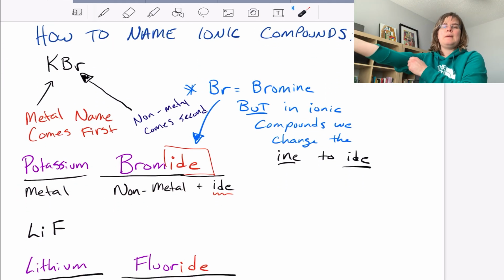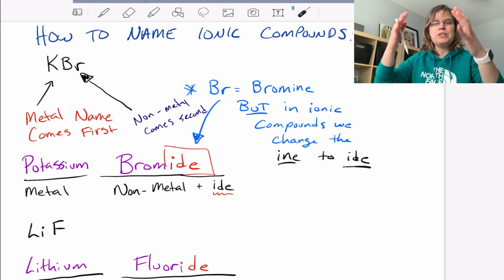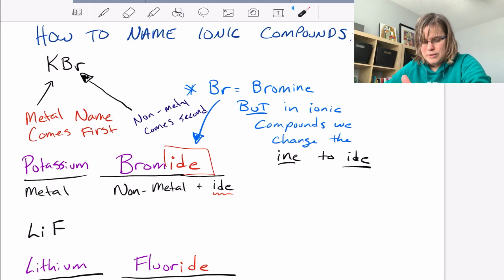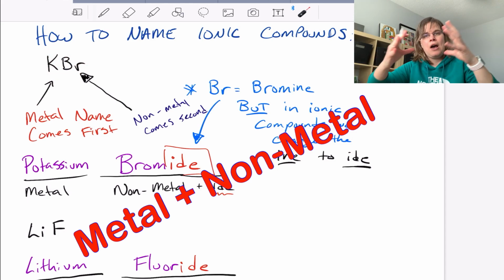So how do we name ionic compounds? This is where you need your pencil and your paper to figure this stuff out. How to name ionic compounds. KBr. All right, so just so you know, there's always going to be one metal and one non-metal in an ionic compound.